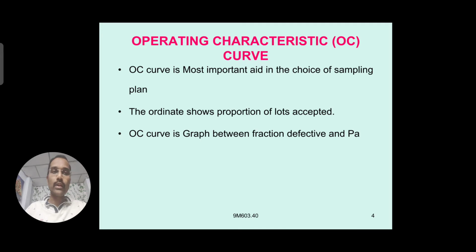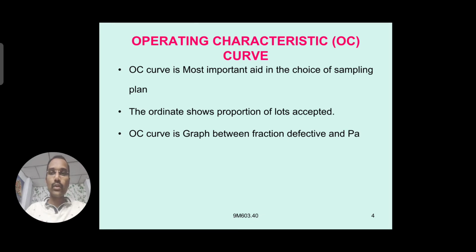The graph is drawn between the fraction defective, which is denoted with P. Already we have seen that the number of defectives, when taken as fractions, is the fraction defective, which we saw as the P chart. So you remember that. And it is taken with reference to the probability of acceptance, denoted with PA.